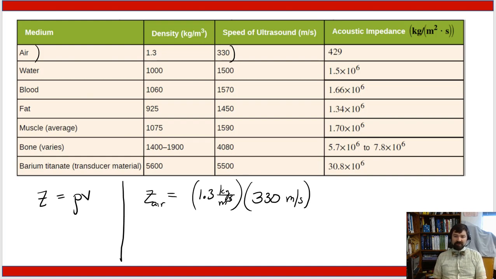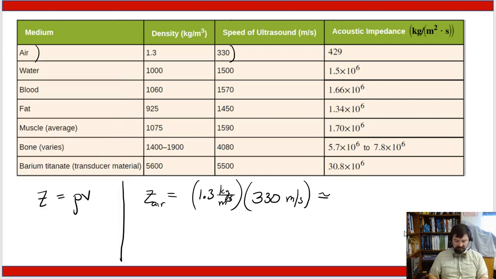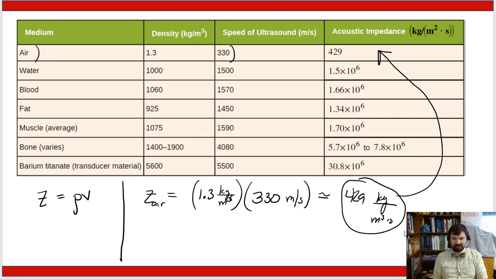So I guess this is not room temperature, it's 0 degrees C. 1.3 times 330 gives us 429. So we come over here, 429 kilograms per meter cubed dot second. This would be our answer, and sure enough, that's the answer given here.